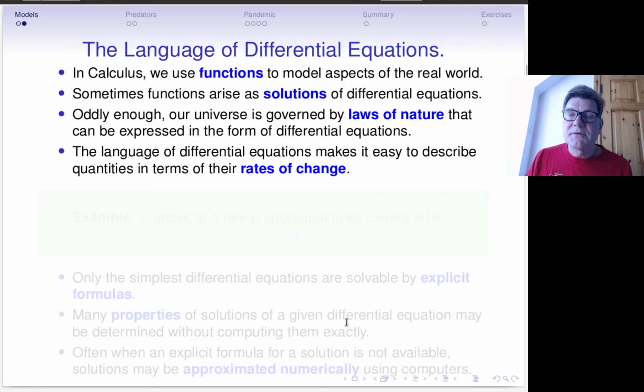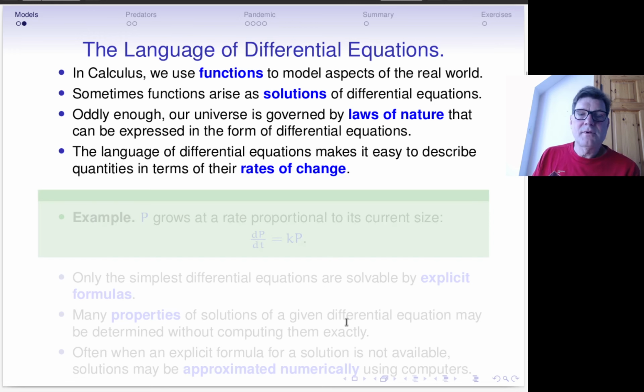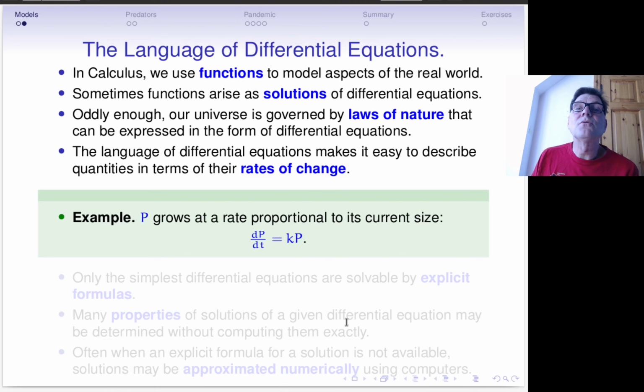So differential equations and calculus has allowed us to learn a good deal about the world we live in. And part of that is the fact that the differential equations used as a language make it extremely easy to describe quantities in terms of their rates of change. Our standard favorite example is that of a population that grows at a rate proportional to its current size. As a differential equation, that's one of the shortest formulas you can ever imagine.